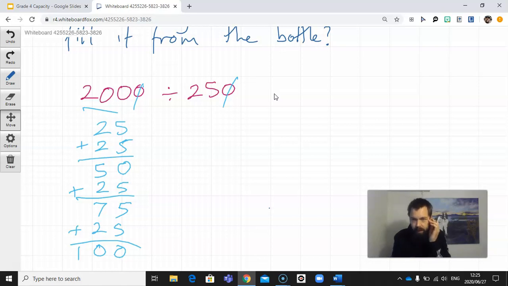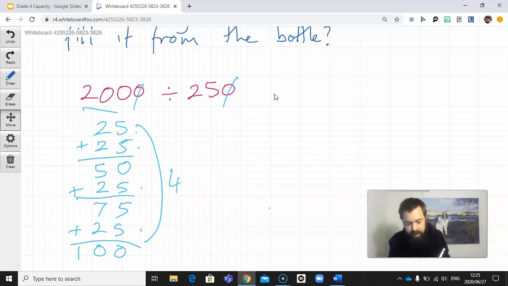I'm going to stop there and say, isn't 100 like half of 200? So however many I needed to get to 100, I'm going to need twice as many to get to 200. Well, I used 1, 2, 3, 4. So it took me 4 to get to 100, which means it'll take me 8 to get to 200, which is in fact the answer. So the answer is that your bottle has 8 glasses of cool drink in it.